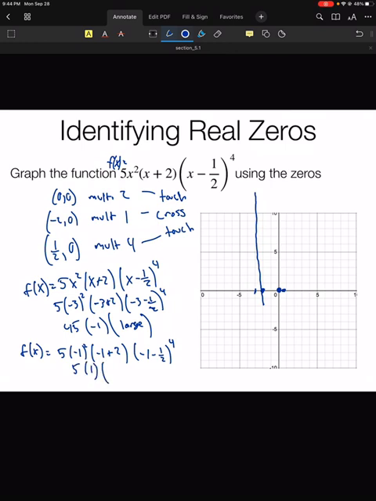That's 5 times 1 times 1 times negative 1.5 raised to the 4th power, which is 5.06.